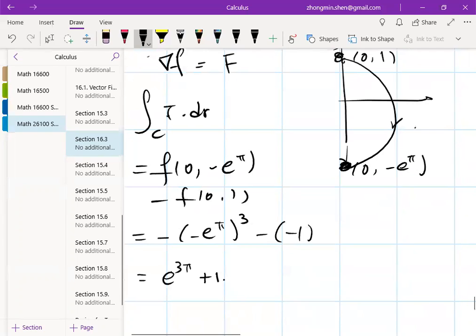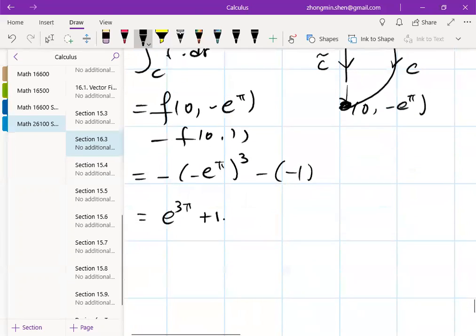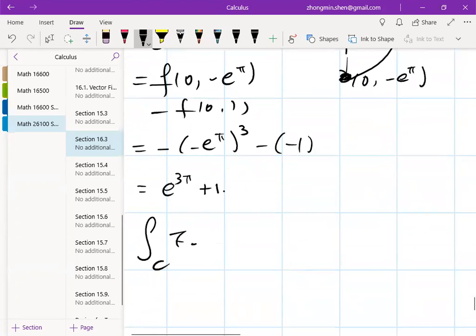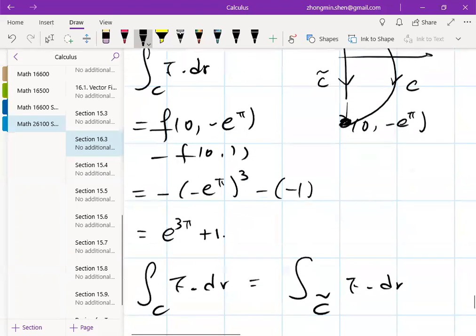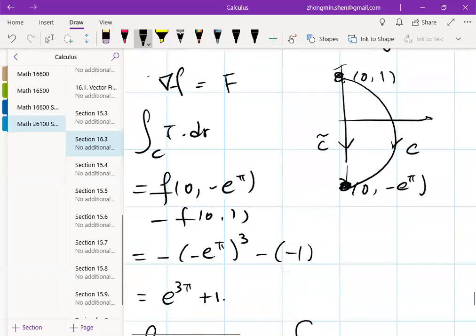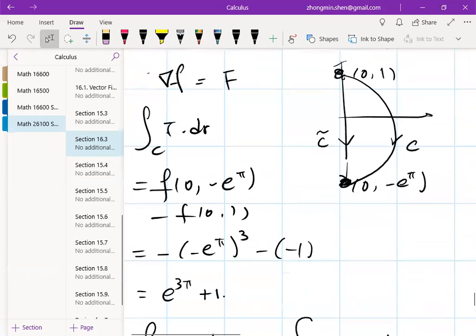So if this is C, that's C tilde. So this integral is going to be over C tilde. If we use that C tilde, the computation will be much simpler, because it's easy to find the parameterization.